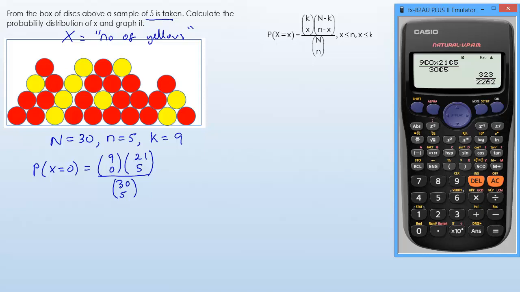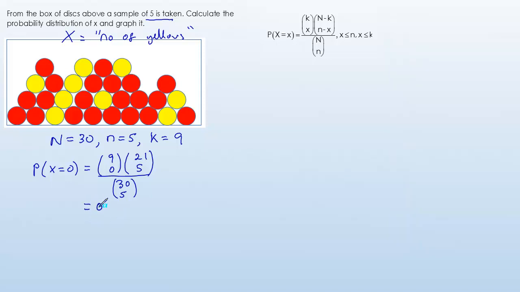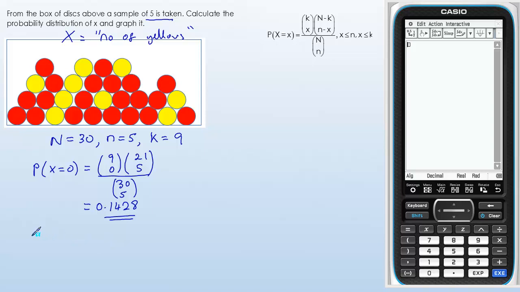And that gives us, let's just change that to decimal, 0.14. So if we go to 4 decimal places, that'll be 0.1428. And of course you can do that on the class pad as well, so we'll have a look at that as well. Now I'll do probability that x equals 1 on the calculator as well.